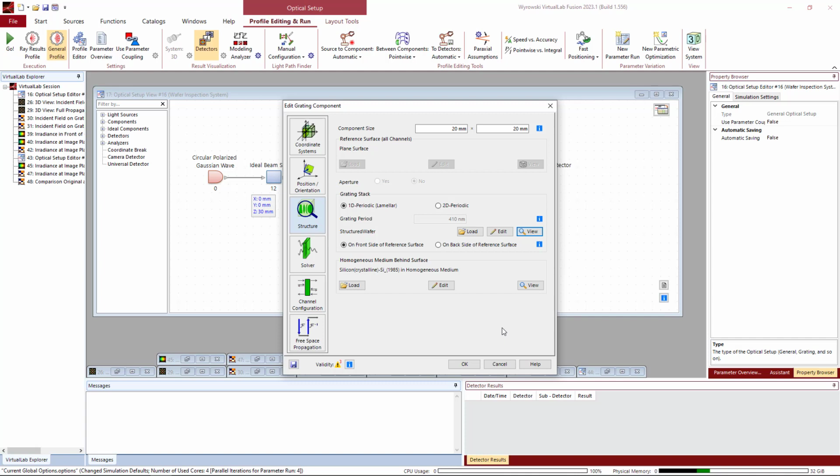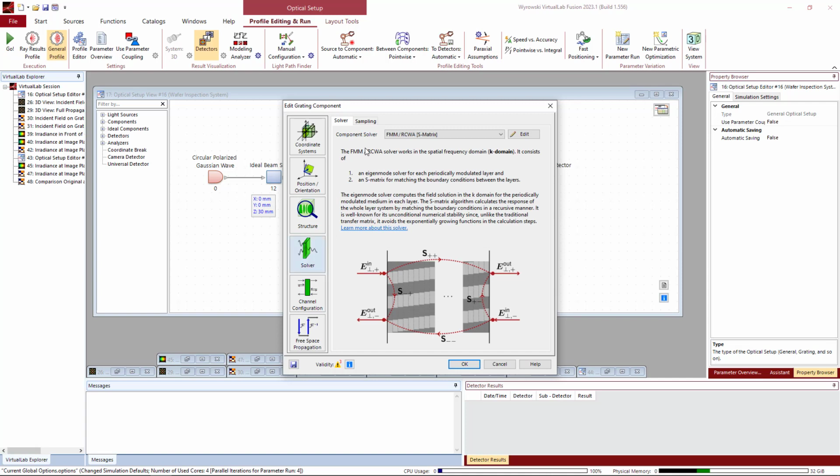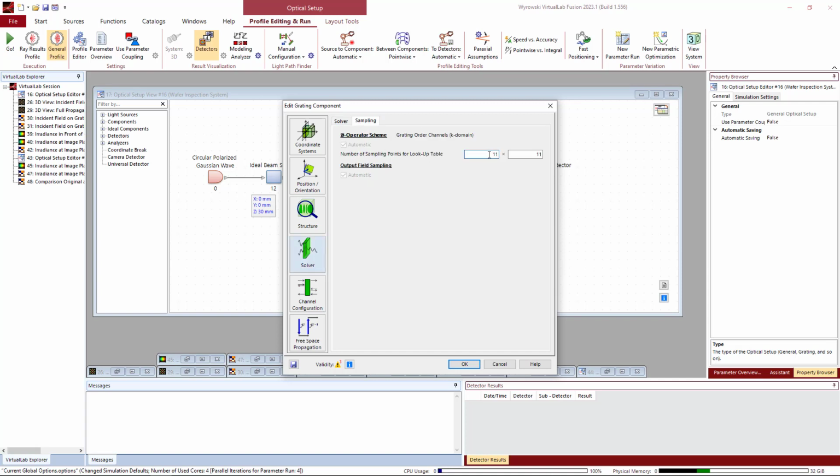But here we can take into account the fact that the incident light is focused onto our structure, and we do that here by using 11 times 11 incident directions to compute the interaction of the field with the grating. That means we perform 11 times 11 individual runs of that FMM solver.